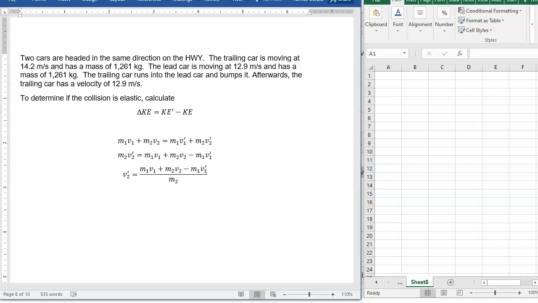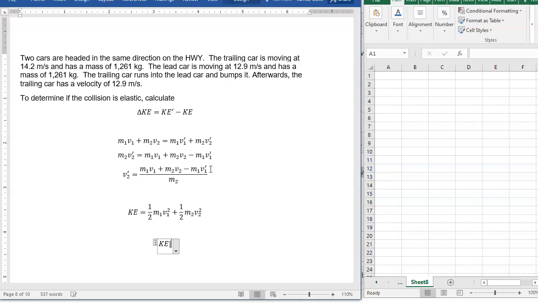Now, delta KE, to find out if this is elastic, is going to be KE prime minus KE. So KE, we have to calculate 1/2 m1 v1 squared plus 1/2 m2 v2 squared.